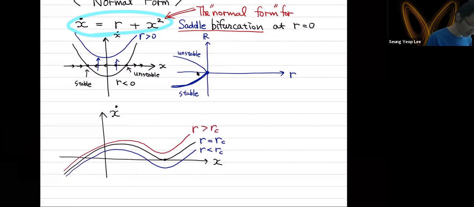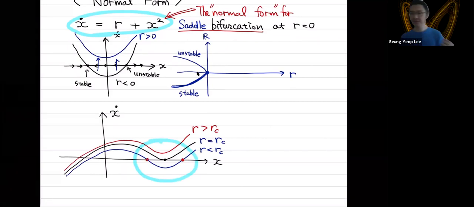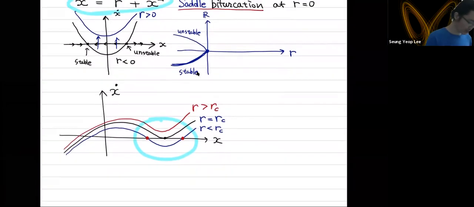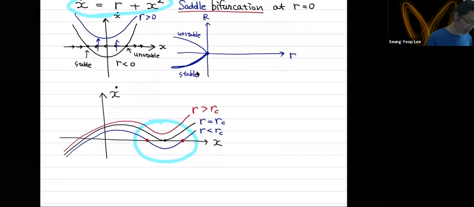Then you will have exactly the saddle bifurcation locally around that point. The pair of a stable fixed point and an unstable fixed point will merge as r grows to r critical and disappear as r is bigger than r critical. Whenever such a thing happens, you get a similar saddle bifurcation.